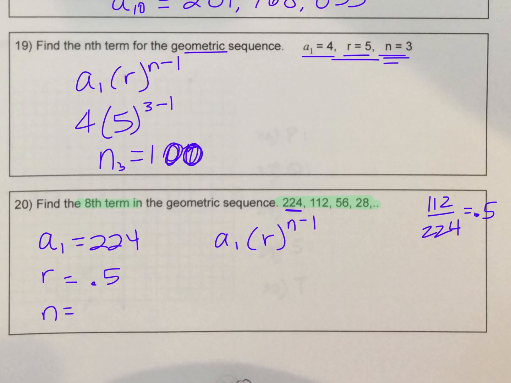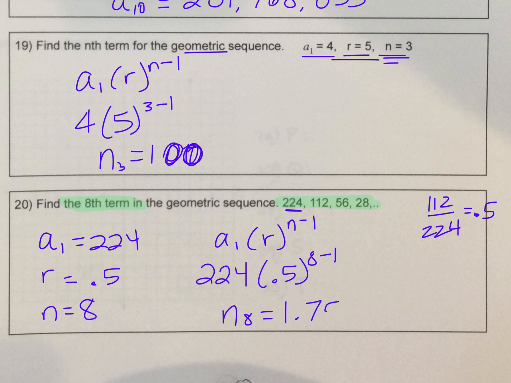And the words tell me I'm looking for the 8th term. So A1 is 224 times R is 0.5, 8 minus 1. Type that in your calculator. The 8th term in this sequence would be 1.75.